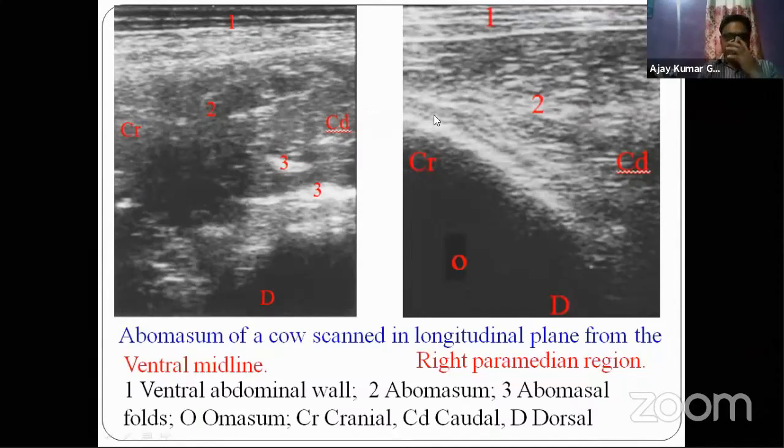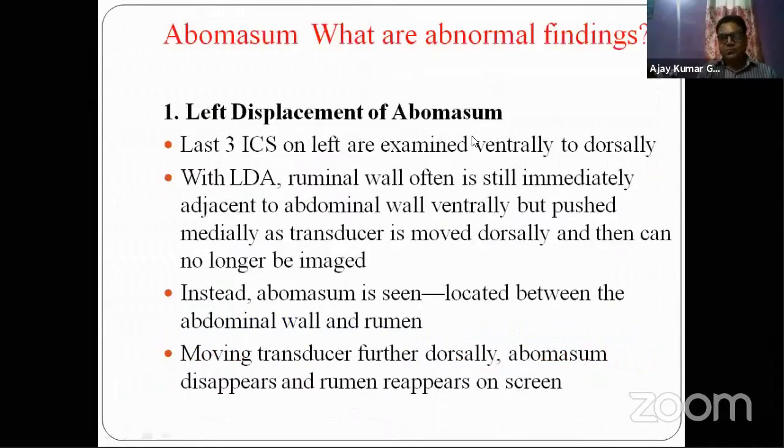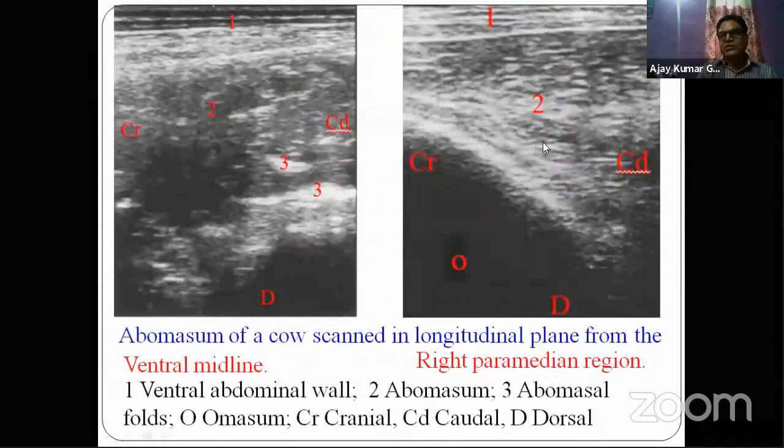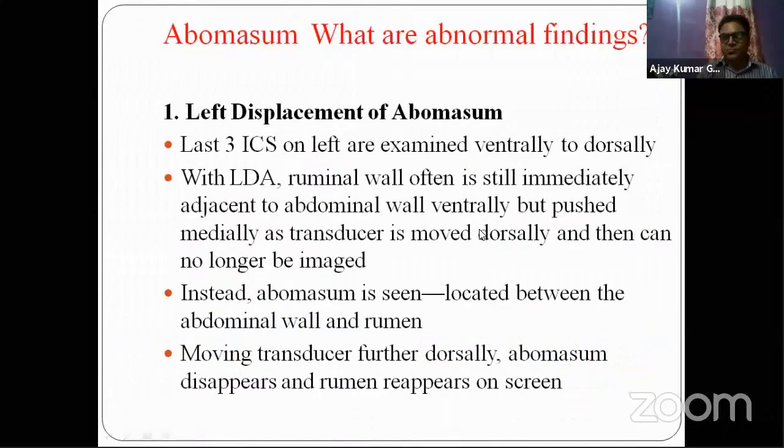So again, just like omasal scanning, in abomasal scanning also, if you scan from the ventral line, you'll find this type of appearance where only the abomasum is being scanned. But if you scan from the paramedian line, either left or right, on the right side, you will find this is the omasum, and this is the abomasum, and this is omasum.